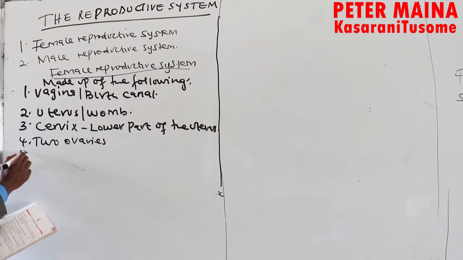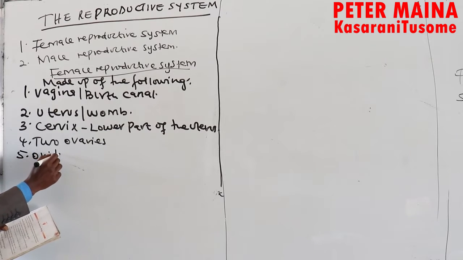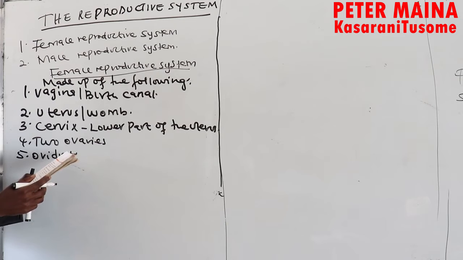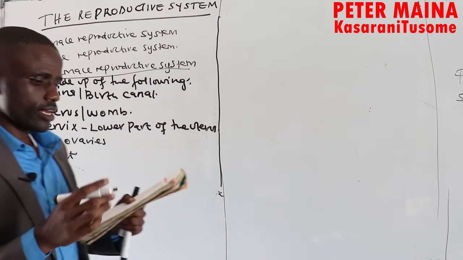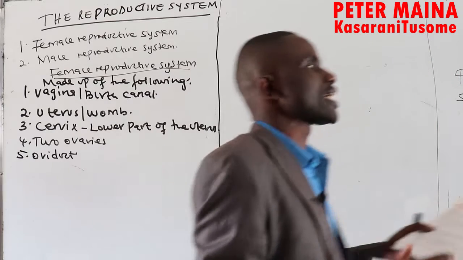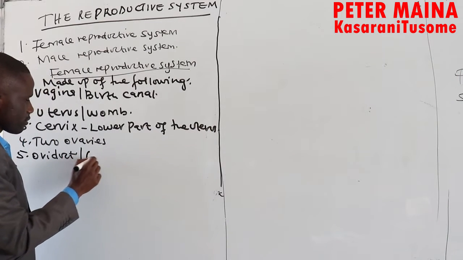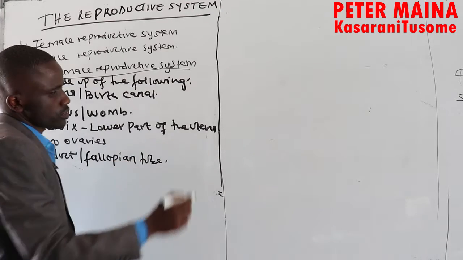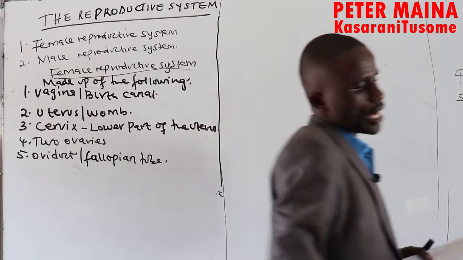And then we have the oviduct. We agreed that the oviduct connects the ovary to the uterus, and it's also called the fallopian tube.